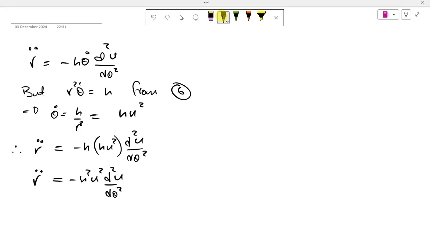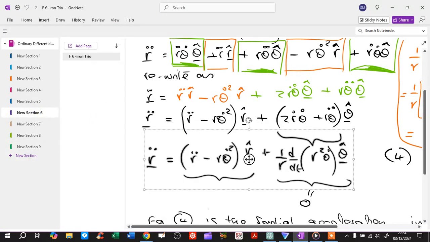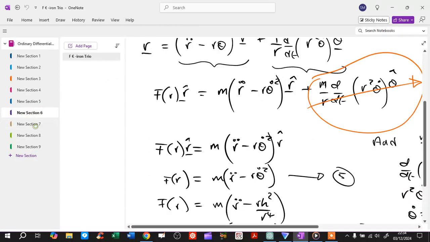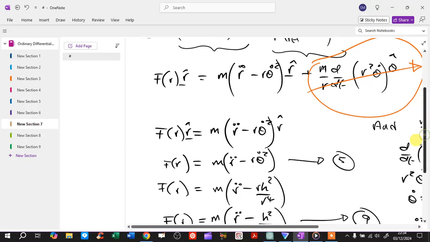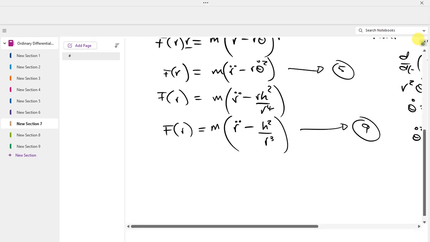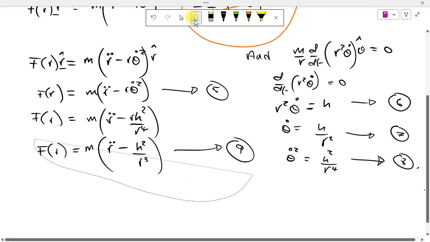I've got to go back and find the equation, though, into which we have to substitute that. So let me, I think it's in this section here. So equation 9. So let's just cut and paste that.